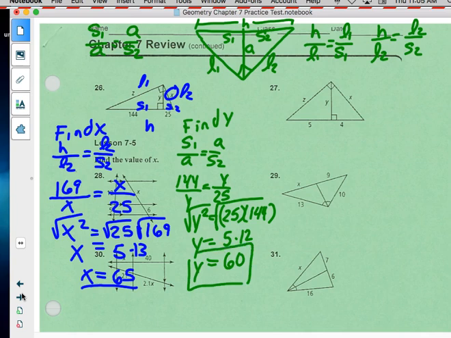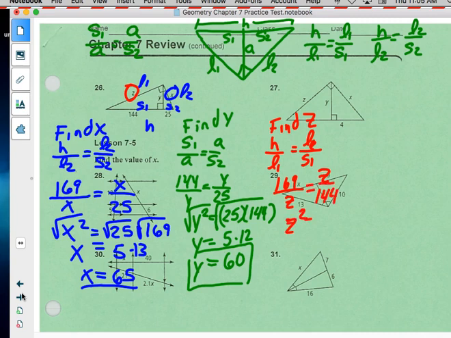Okay, when I'm finding Z for problem 26, remember this is all for problem 26, finding Z, I've got that, that's L1, and I've got H, L1, L1, S1. So H is 169, L1 is Z, and S1 is 144. And again, I am multiplying two perfect squares together. They are perfect squares, and they just make me make a larger perfect square.